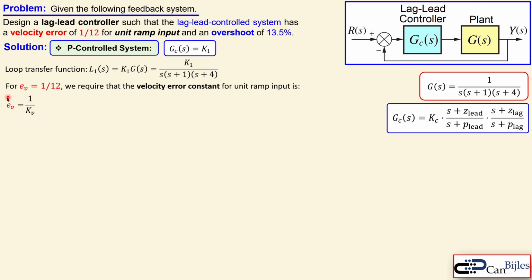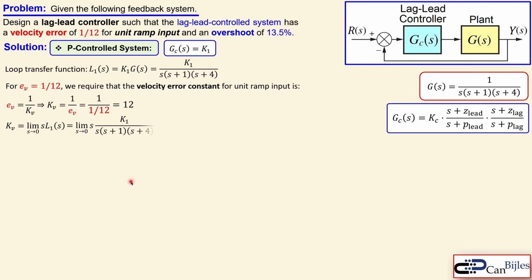Because this is the formula for EV, which is 1 over the kV for unit ramp input. This formula is only valid, by the way, when you have a unit gain feedback. Now when you calculate the velocity error constant, which is kV, it is 1 over the EV, that will be then 1 over 1 over 12, which is exactly 12. So looking at the formula of the kV, which is the limit as s approaching 0 of s times the loop transfer function what we have here.